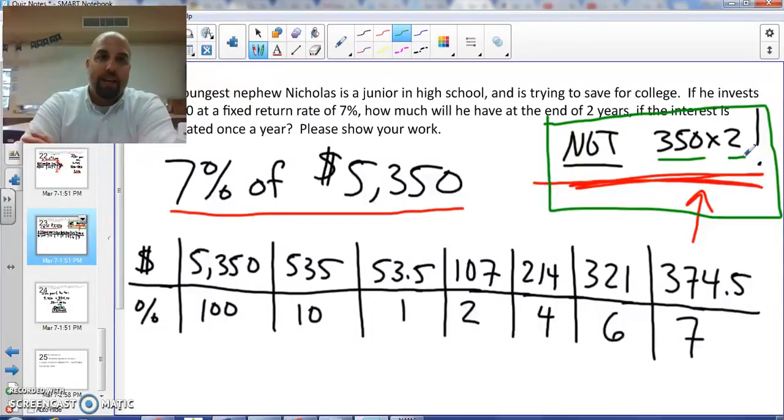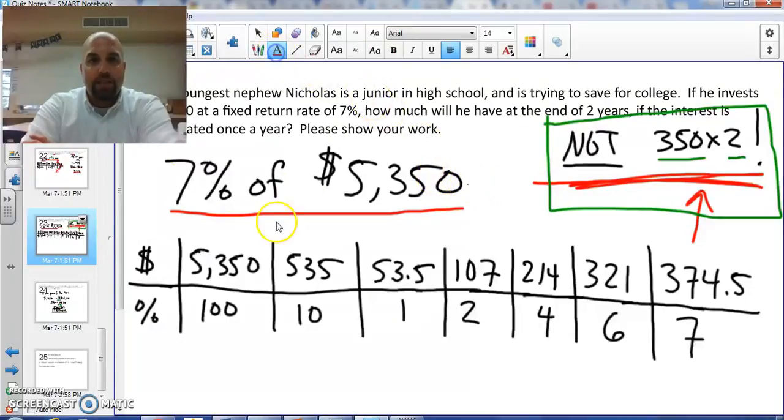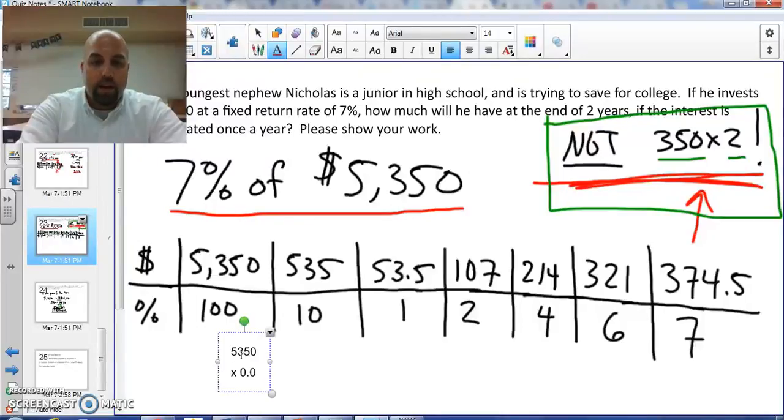A second mistake was doing the multiplication here, trying to complicated do 7% times 5,350. I saw a lot of mistakes with some traditional method, 5,350 times 0 and 700. So a lot of trouble there.